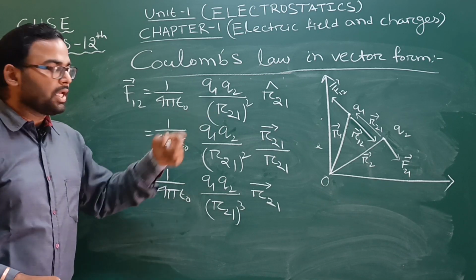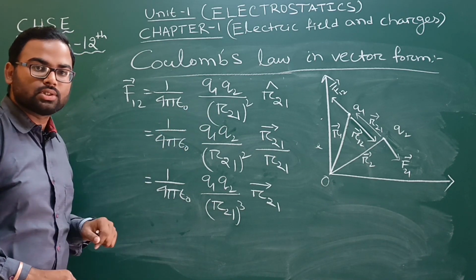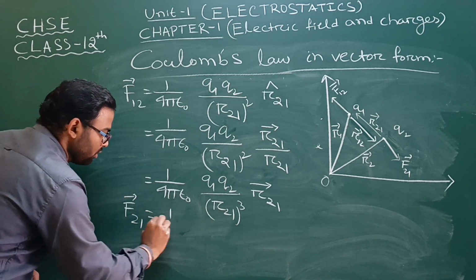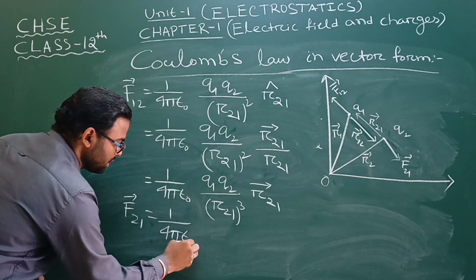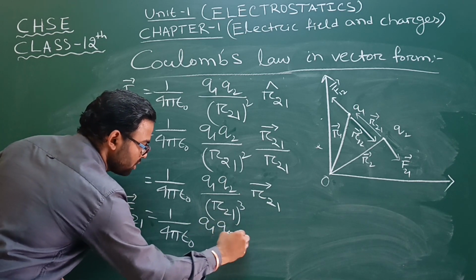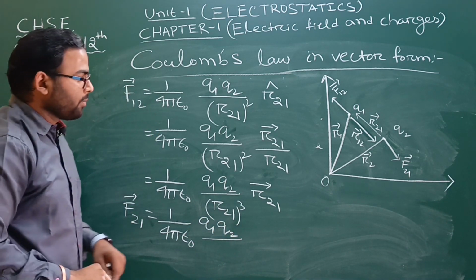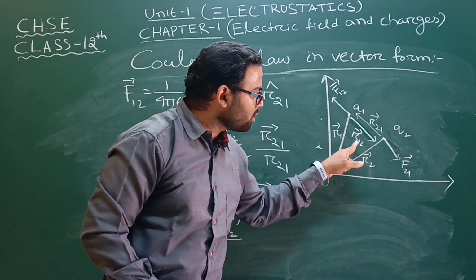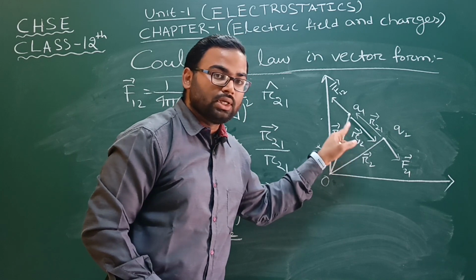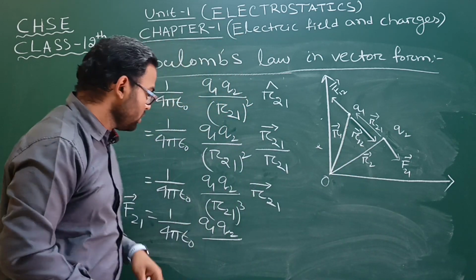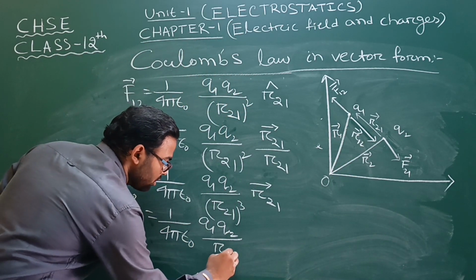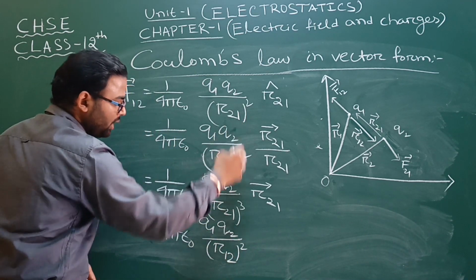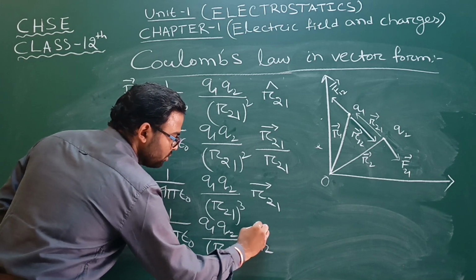Similarly, we can write F21 in this process. F21 vector is equal to 1 by 4 pi epsilon naught q1 q2 whole divided by, the force direction is downward and the displacement vector r12 is in the direction of force. So we can write r12 whole square into r12 cap.